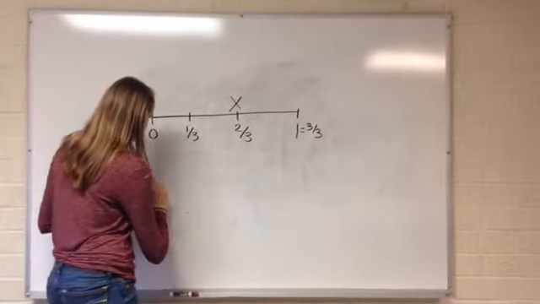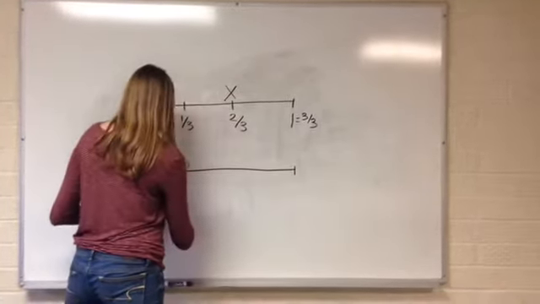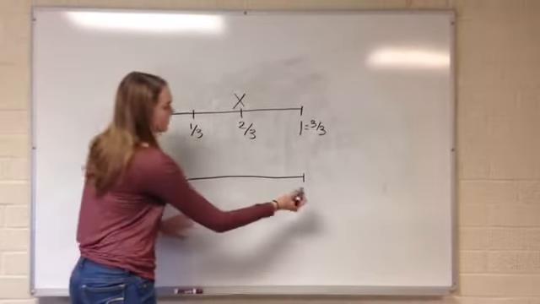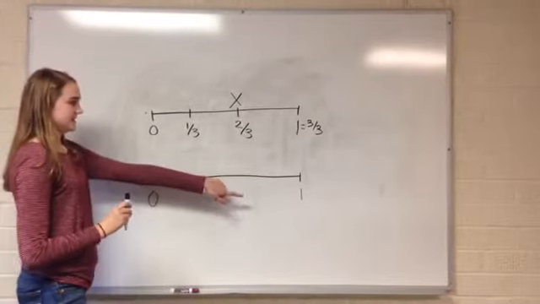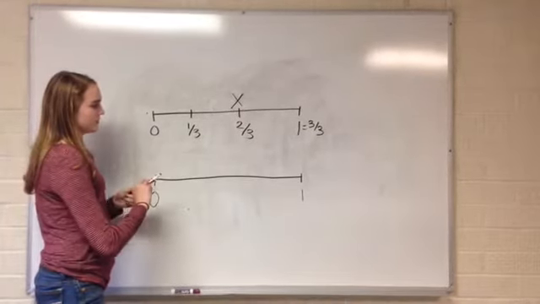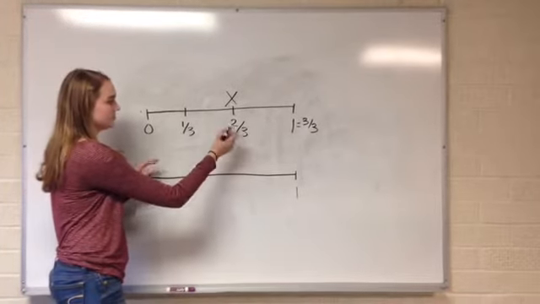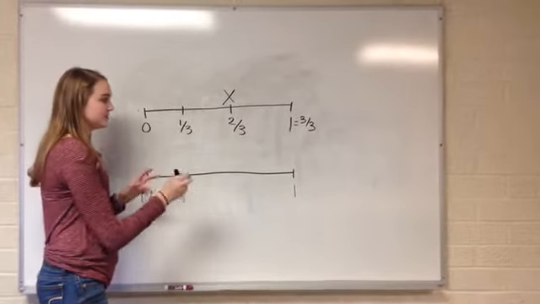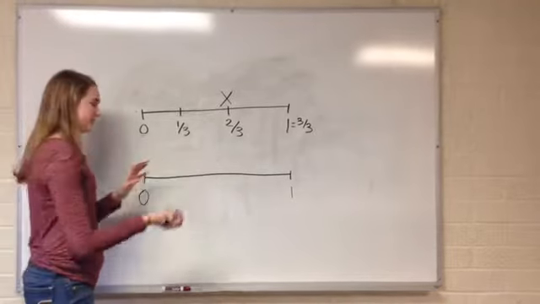So if we draw a second number line with 0 at the front and 1 on the other side, now we're going to break it up into sixths. We know that it can be broken up into 6 because if you multiply 2/3 by 2, you'll get 4/6. So we're going to show that 4/6 is equivalent to 2/3.